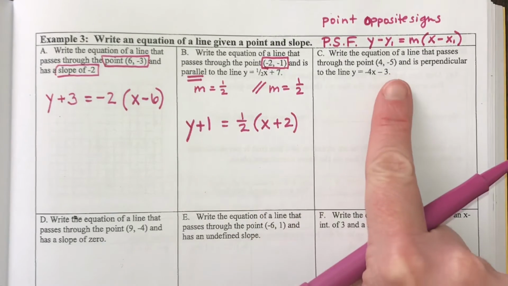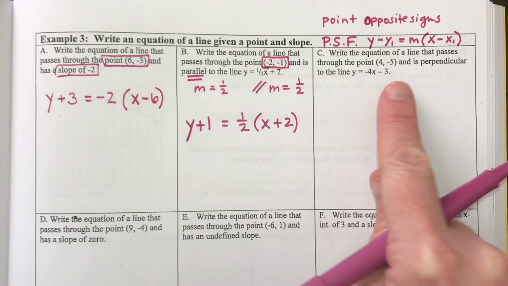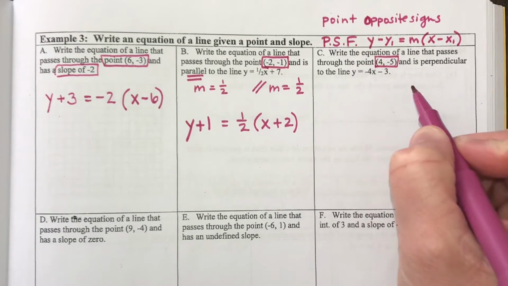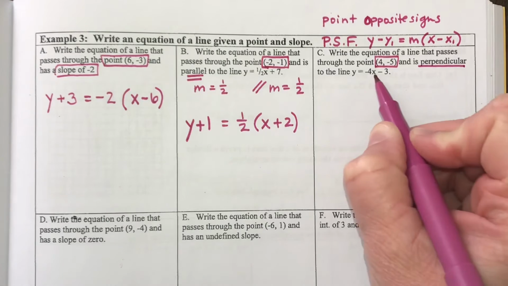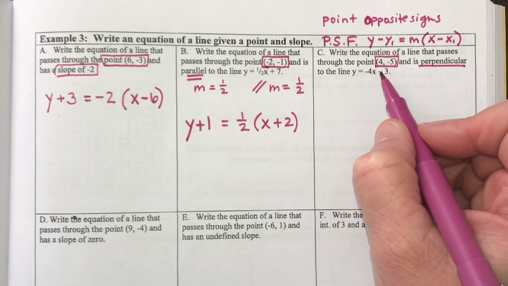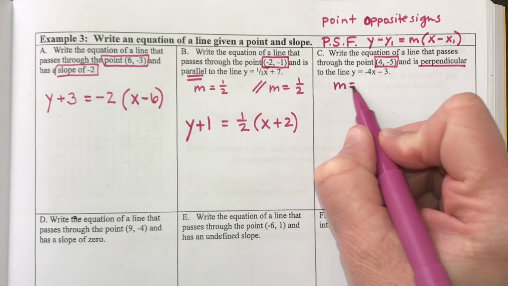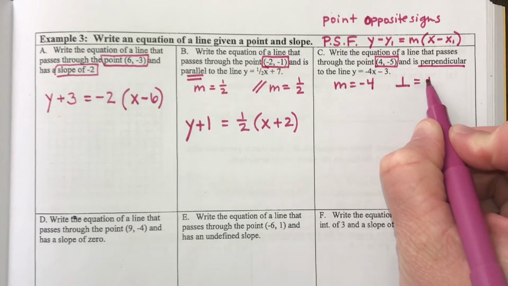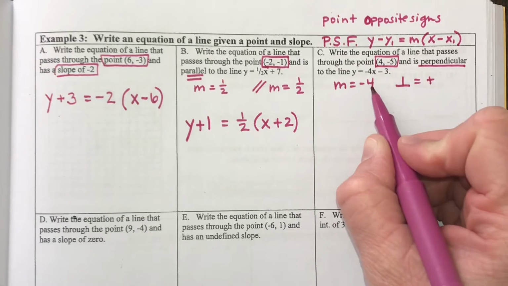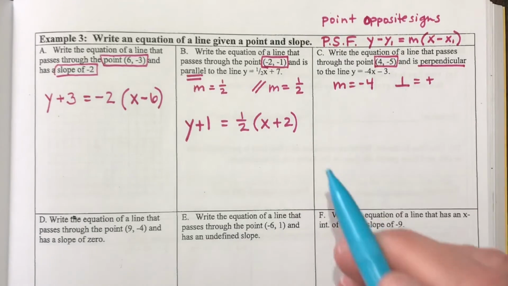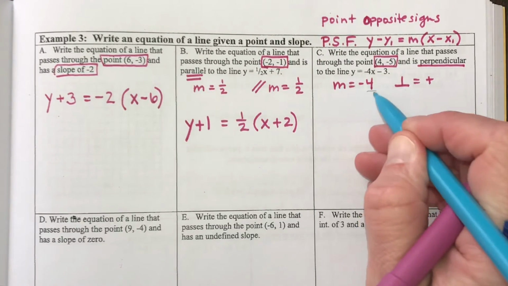In this example, it says write the equation of a line that passes through this point, 4, -5, and is perpendicular to the line y equals -4x minus 3. So if my slope is given to me in this formula as -4, the perpendicular slope would be the opposite sign, so a positive, and flip my fraction. Well, this isn't really a fraction, but it could be a fraction if we wrote it over 1.